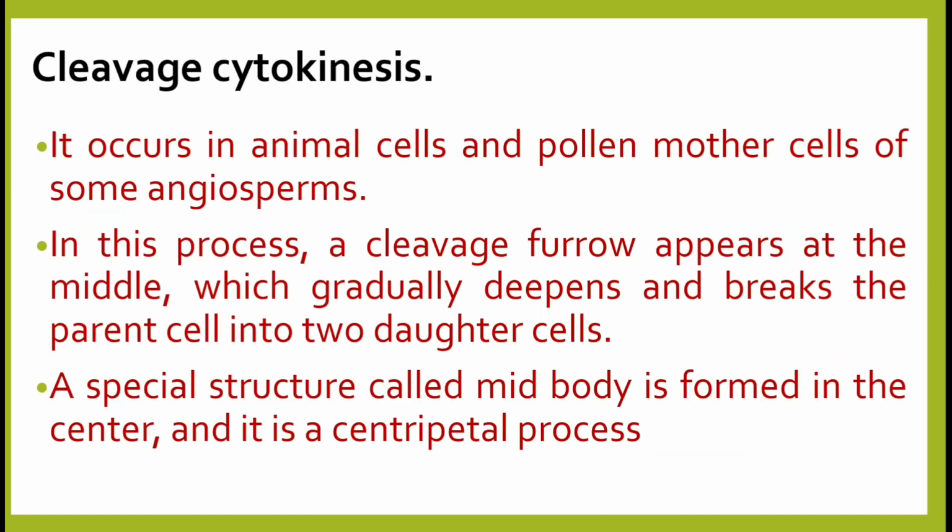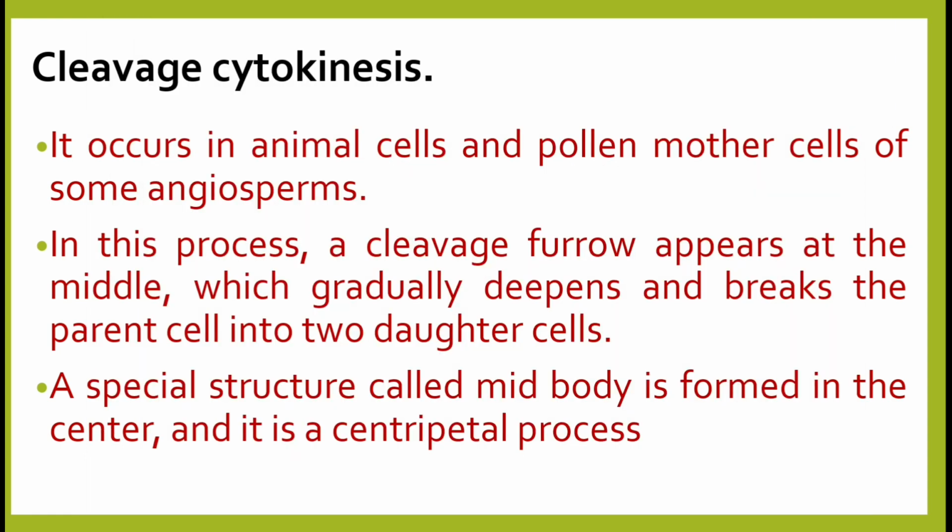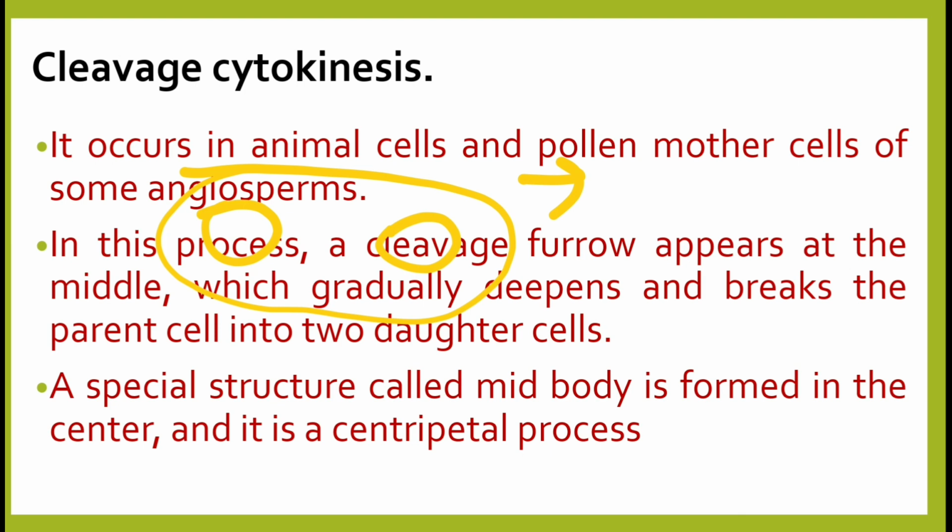Then the cell cleavage method or cell furrow method occurs in animal cells or the pollen mother cell of some angiosperms. In this process, a cleavage furrow appears at the middle, which gradually deepens and breaks the parent cell into two daughter cells. A special structure called the mid-body is formed in the center, and it is a centripetal process. Suppose it is a cell with two nuclei.